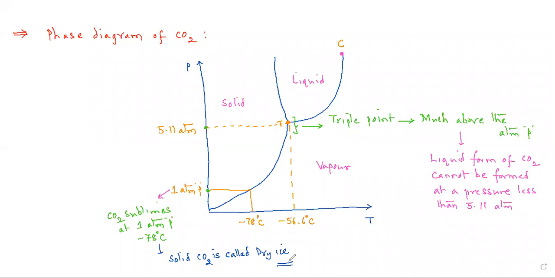It is called solid carbon dioxide or say dry ice because it does not melt. It does not melt into a liquid when heated. It changes directly into the gas, which is very clear from this. Solid is directly becoming vapor, means it is undergoing sublimation. Okay.